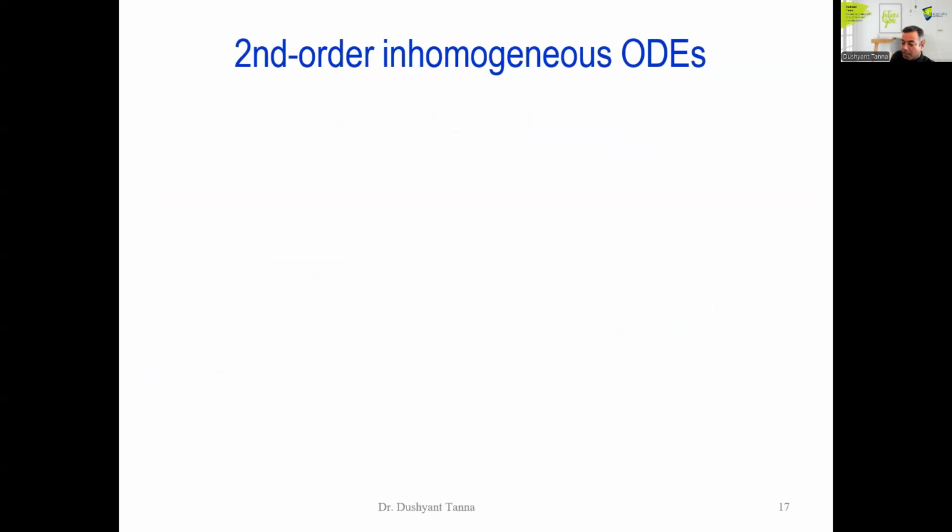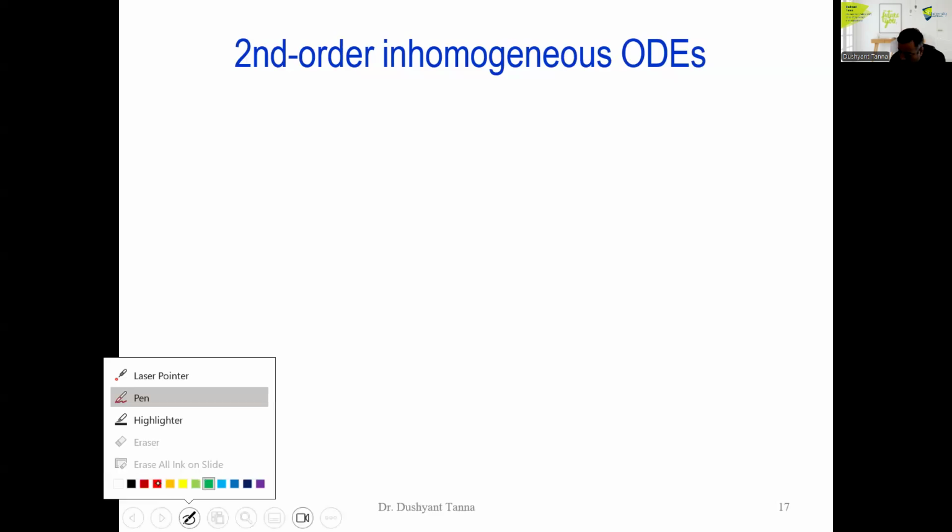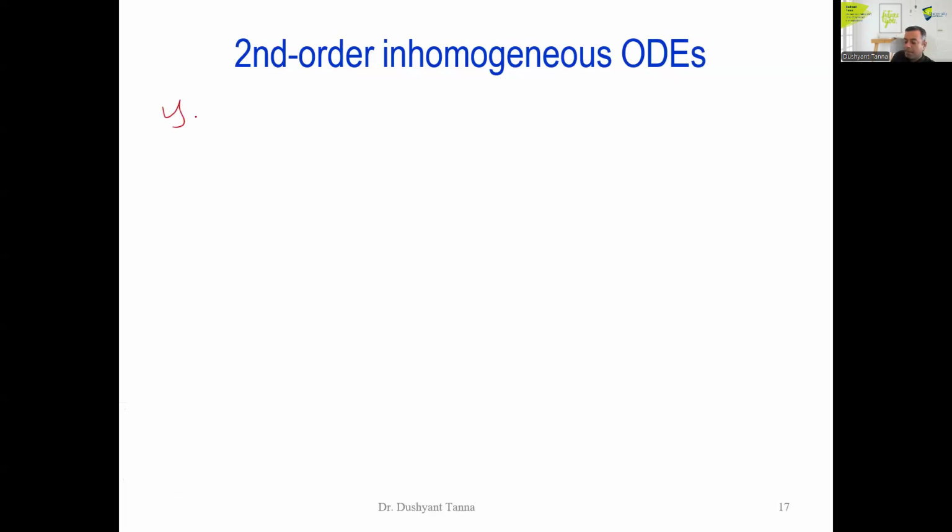Right. So I'll write yp here again. Yp will be ax e raised to minus x. What we need with this y dash, y double dash, we want to plug in this equation, right? In the given equation. So y dash.